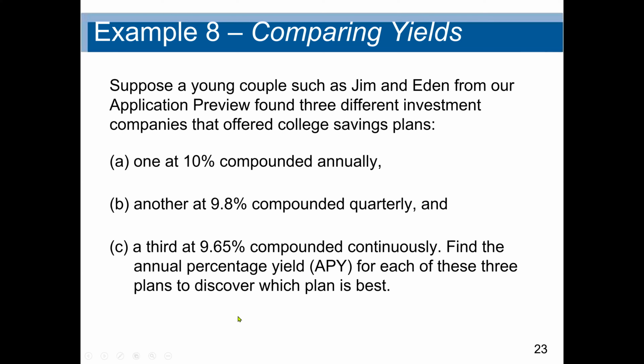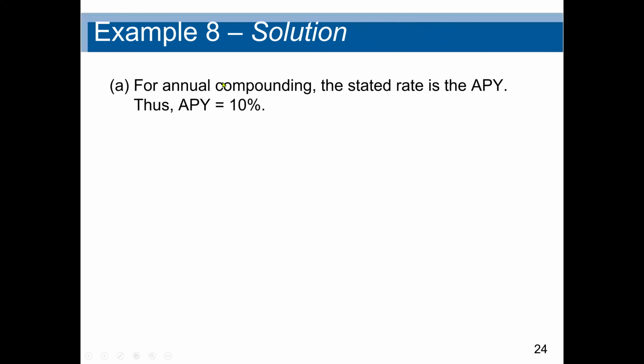We should find the annual percent yield for each of these 3 plans to discover which plan is the best. So let's start with A. For annual compounding, the stated rate is the APY, so the APY will be 10%, because it's compounded only once a year.